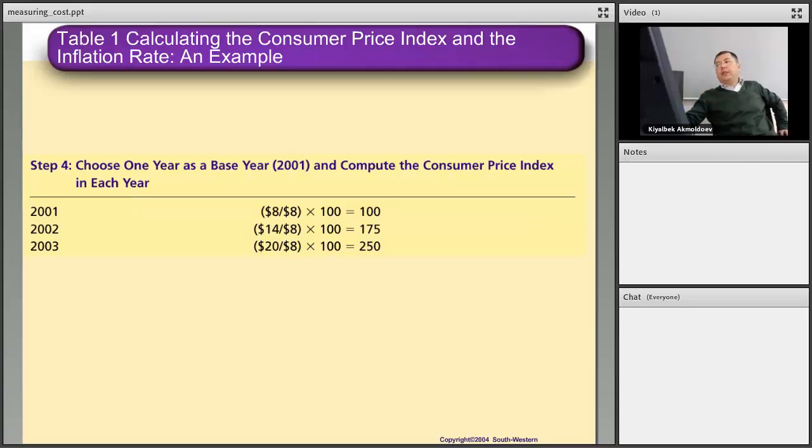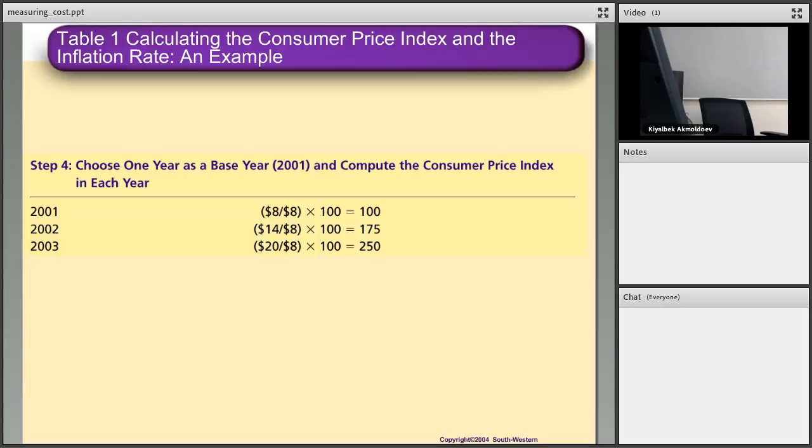Here we take 2001 as the base year. 2001 is the base year, and for 2002 and 2003 we calculate the change. The first year it is 100, next is 175, and then 250. This is our CPI, the Consumer Price Index.